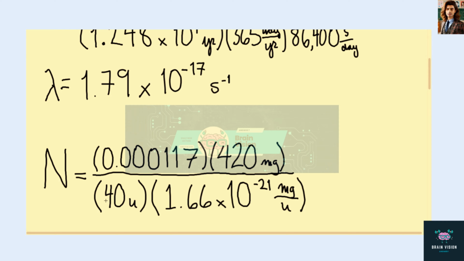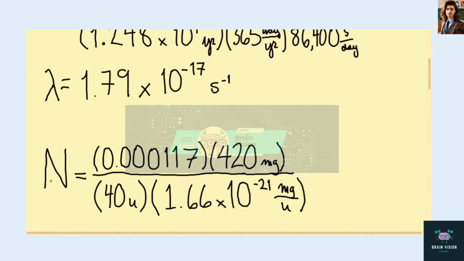For the denominator, we can approximate the atomic mass of potassium 40 using atomic mass units, and the atomic mass number of potassium 40 is 40. This is an approximation. However, for the purpose of significant figures, it will do fine. And of course, we need our conversion factor going from atomic mass units to milligrams.